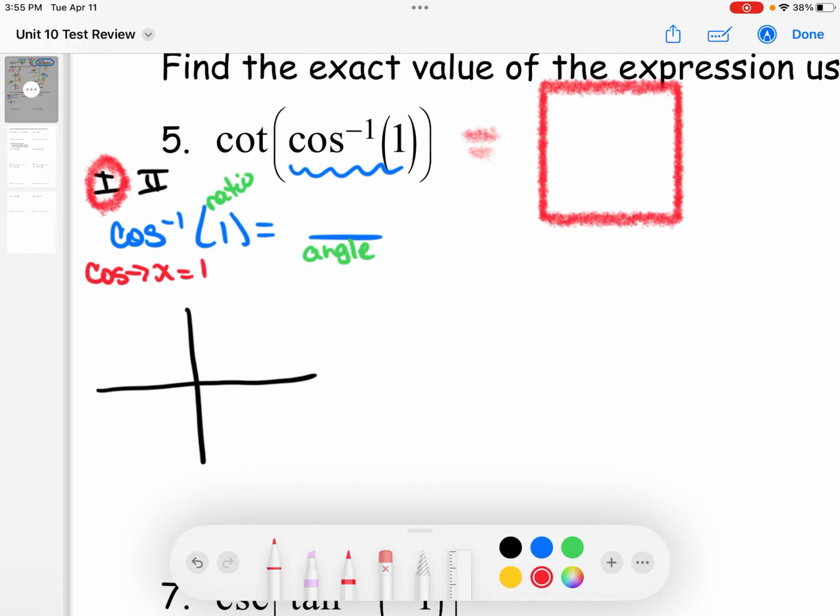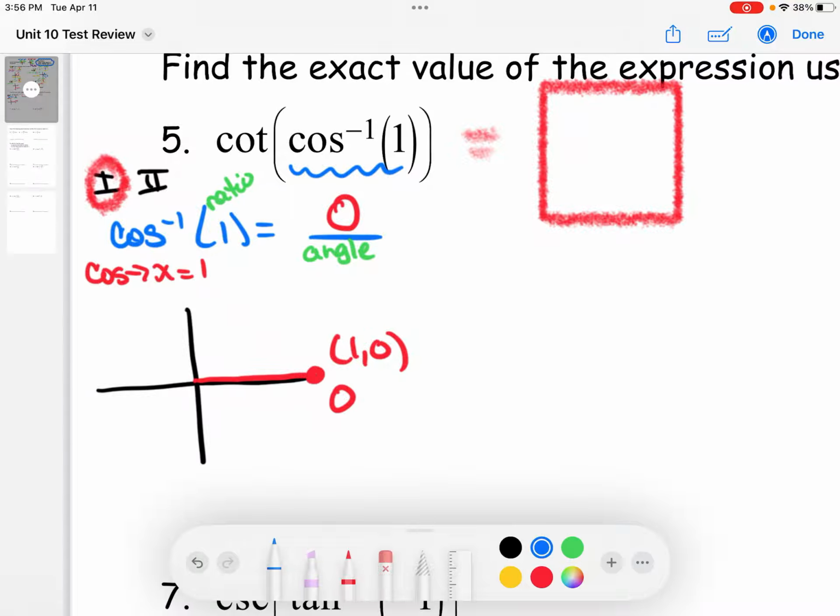So in quadrant 1 or 2, the only place that x could be 1 is straight out. We go out across 1, up 0, and that is at 0 degrees or 0 radians. So cosine inverse of 1 is 0, and that is an angle.